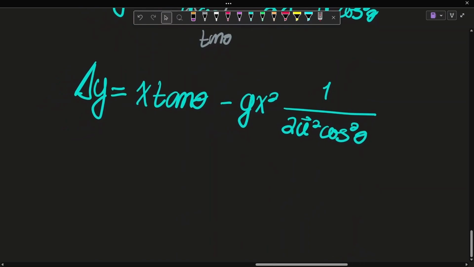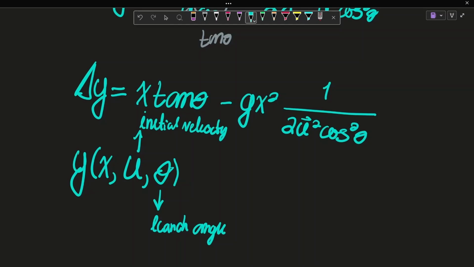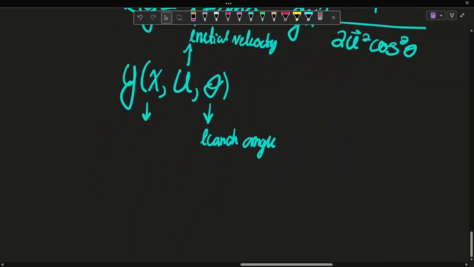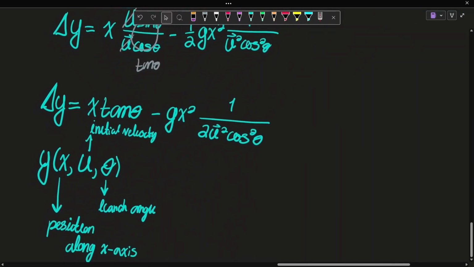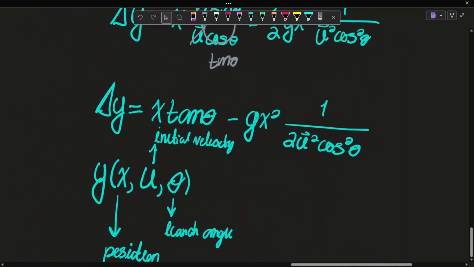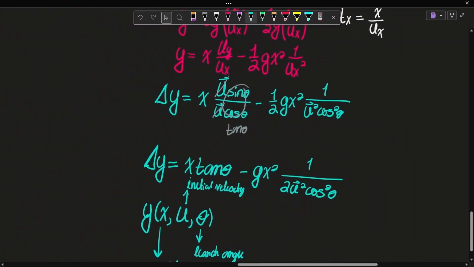What we can see here is that y is a function of x and u and theta. So to use this equation, you need the launch angle, the initial velocity, and the position along the x. At any point, if you know at least three of these, you can figure out the other one. Now we've completed it, so you can give it a name: this is the trajectory as a function of x.